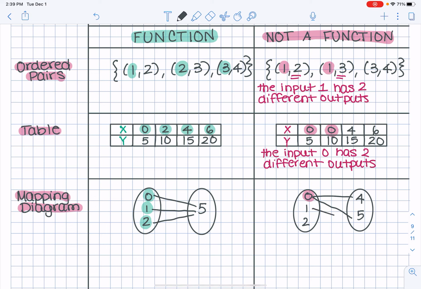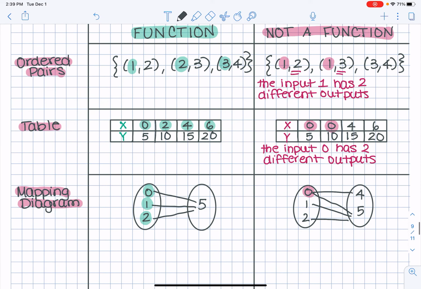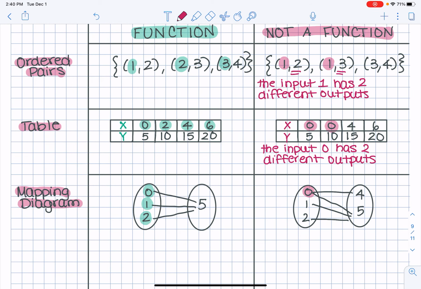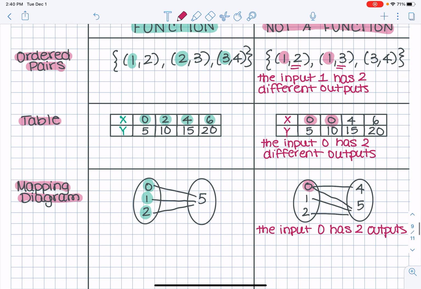So even if the rest of these guys are the same, because 0 has 2 different outputs, we cannot have that be a function. So we're going to write that again. The input 0 has 2 outputs, which is why it's not a function. Okay?